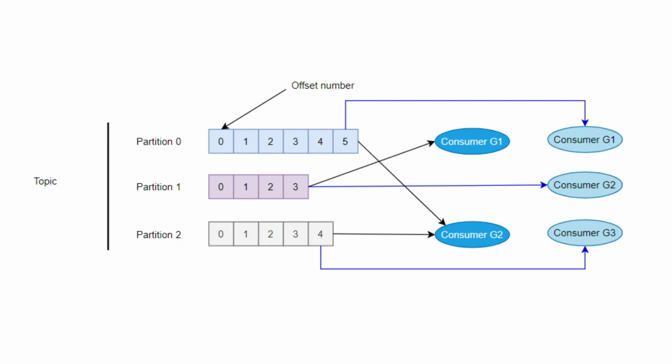Whereas in the consumer group where we have only two consumers, one partition will go to one consumer, and the other two partitions will go to the next consumer. Which consumer goes to which partition is managed by Kafka, and it is not deterministic. It is based on an algorithm implemented inside of Kafka.